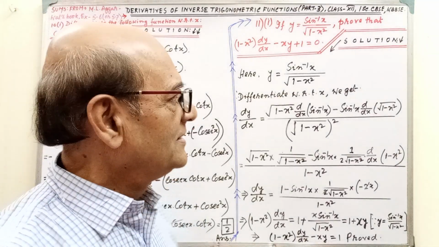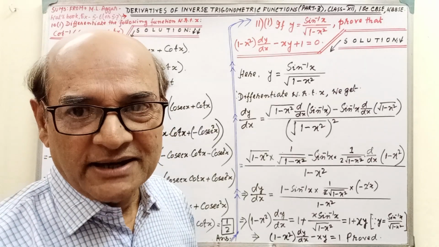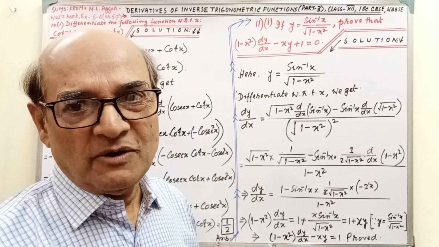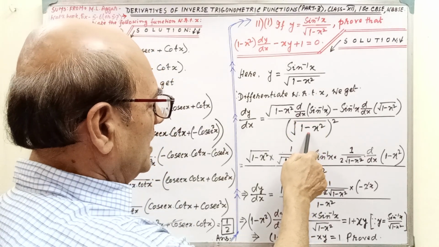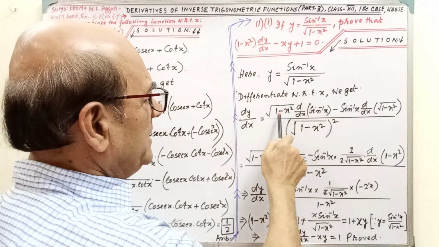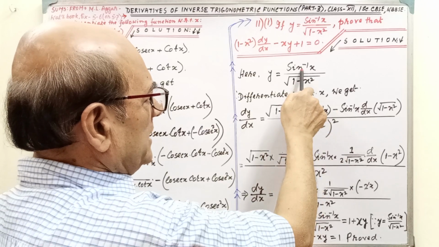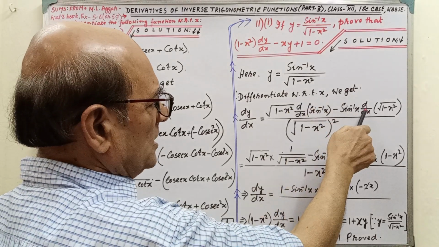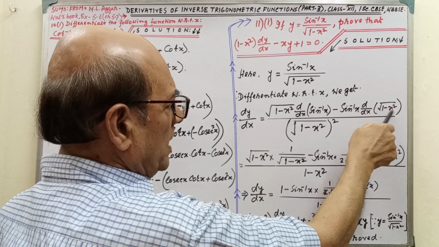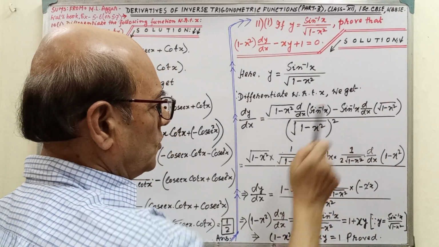For u by v, the formula is v unchanged, differentiation of u, minus u unchanged, differentiation of v, divided by v square. By applying that formula, v unchanged, differentiation of u, that is sin inverse x, minus u unchanged, that is sin inverse x, and differentiation of v, that is root over 1 minus x square, and v square, that is root over 1 minus x square whole square.